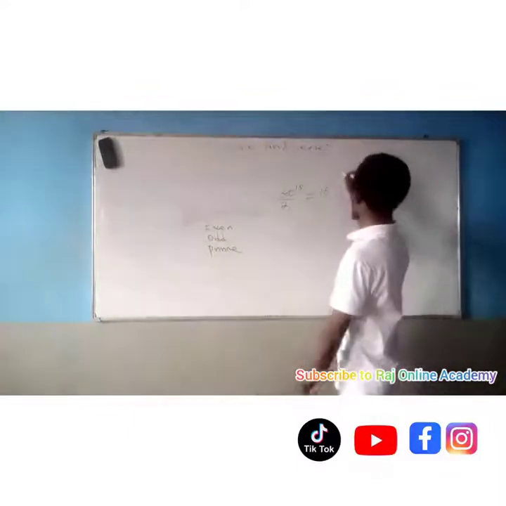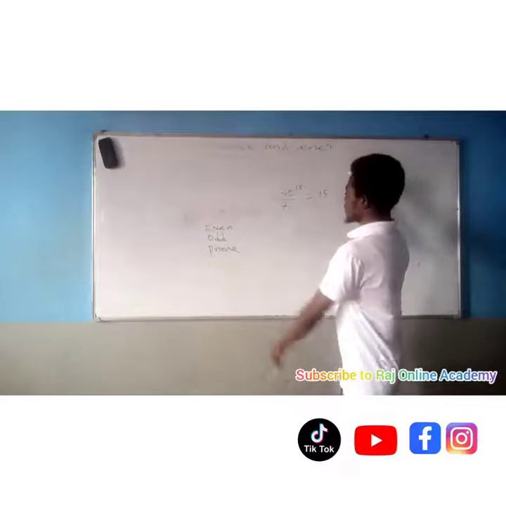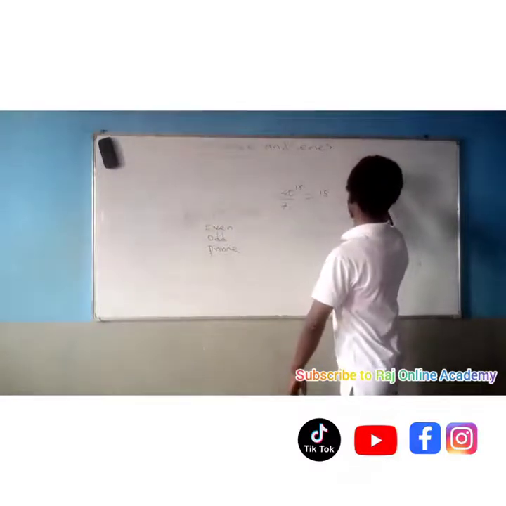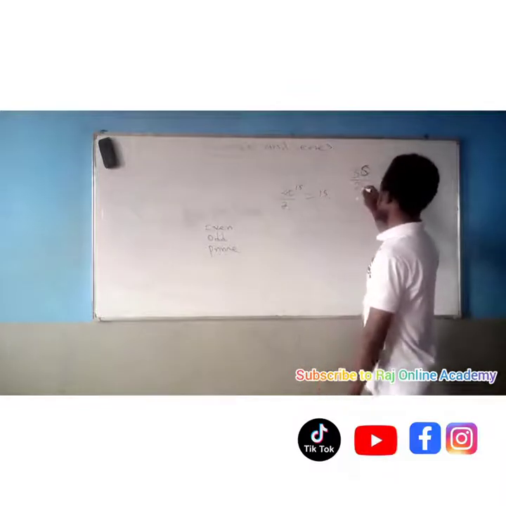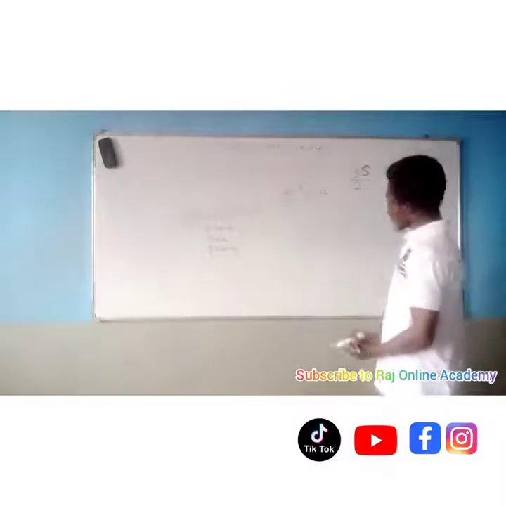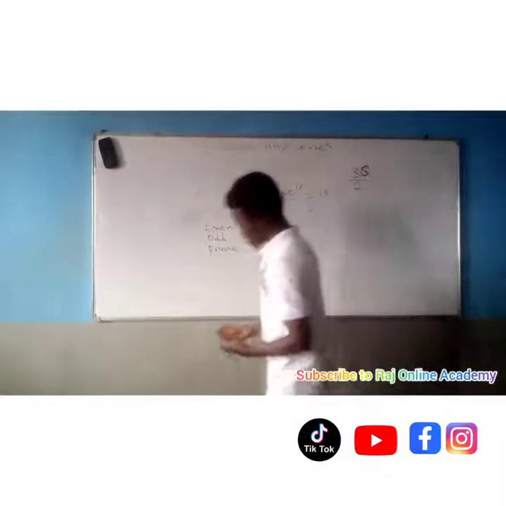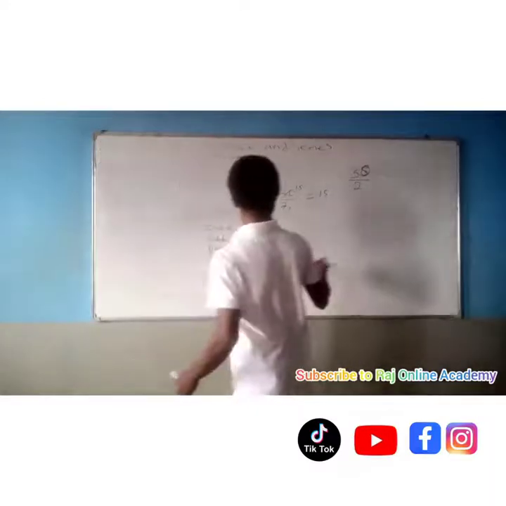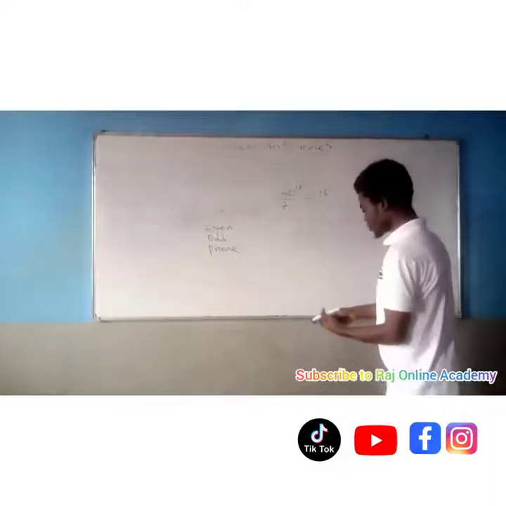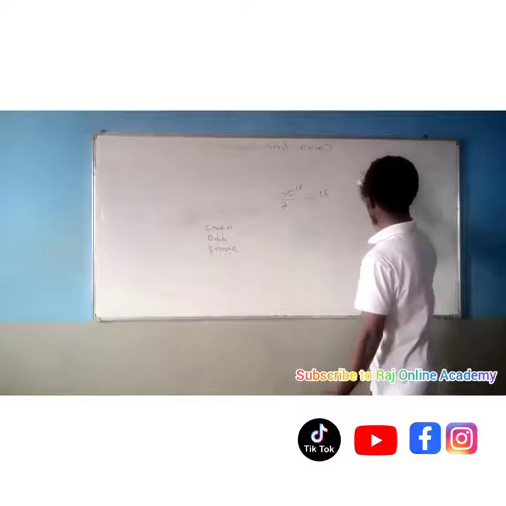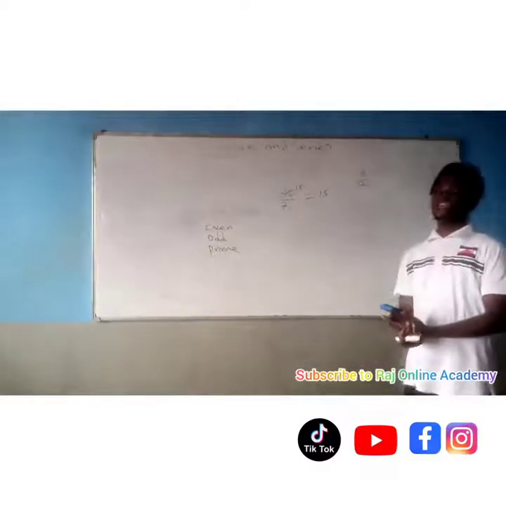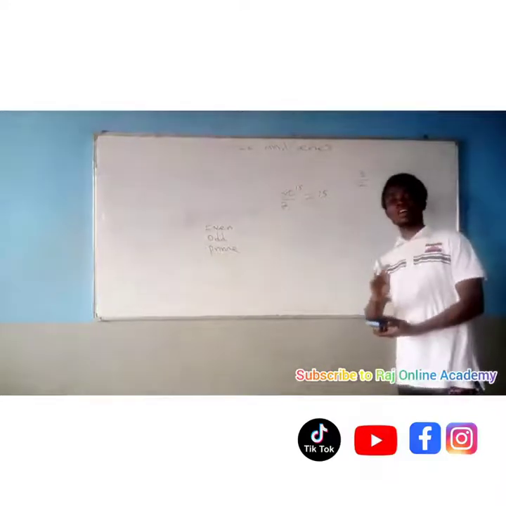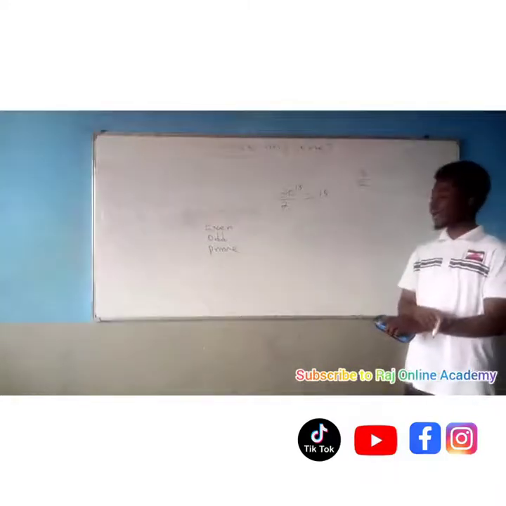Example here, 35 over 2. Or let's take a simple number that all of us can understand. Let me say we have 3 over 2. Now, we have 3 oranges, and we are asked to divide these 3 oranges into 2 equal halves.